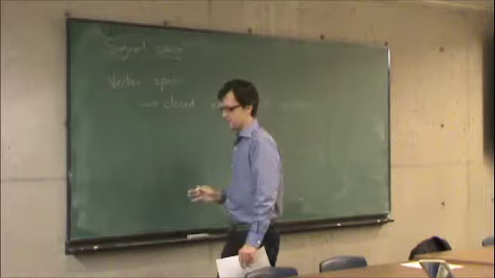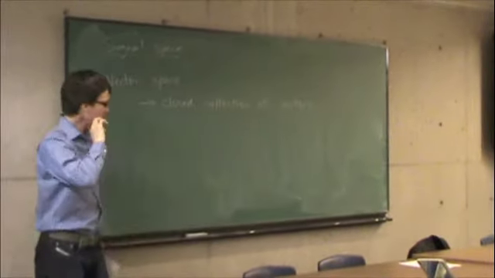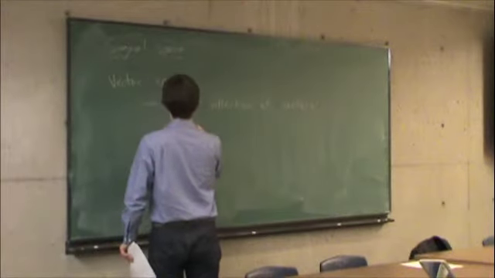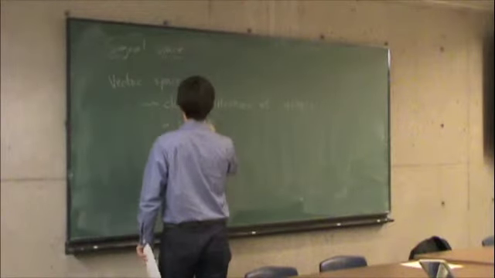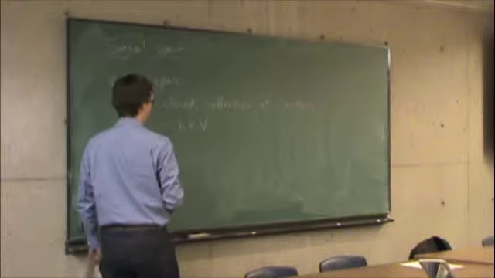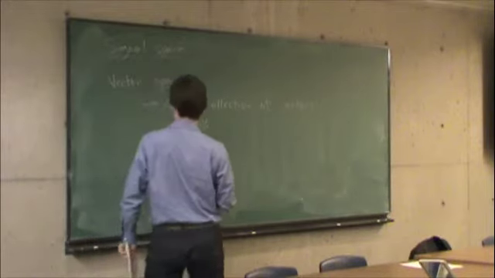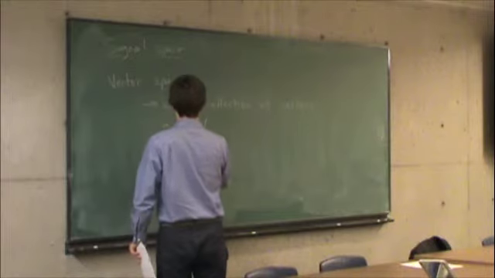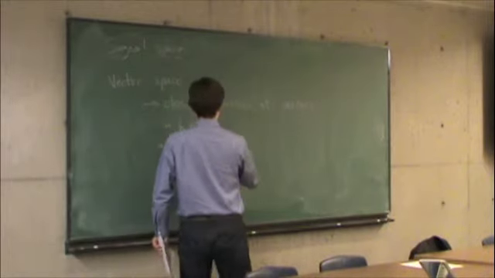What I mean by a closed collection is that if A and B are in the vector space, let's call it V, then any linear combination of A and B is also in V.